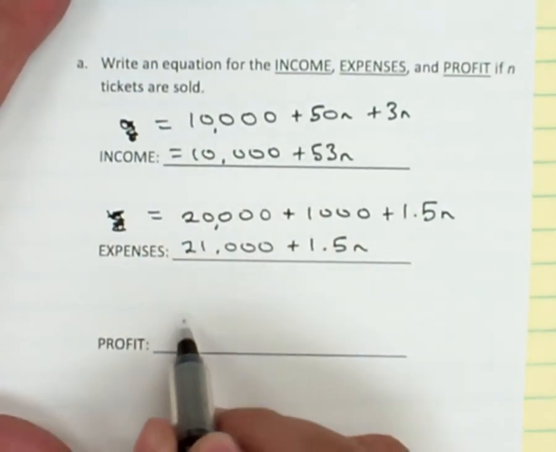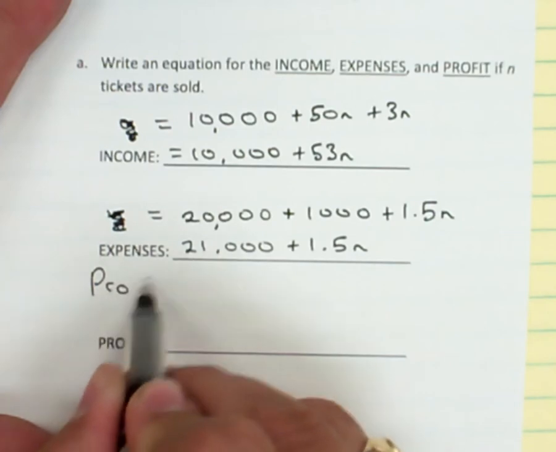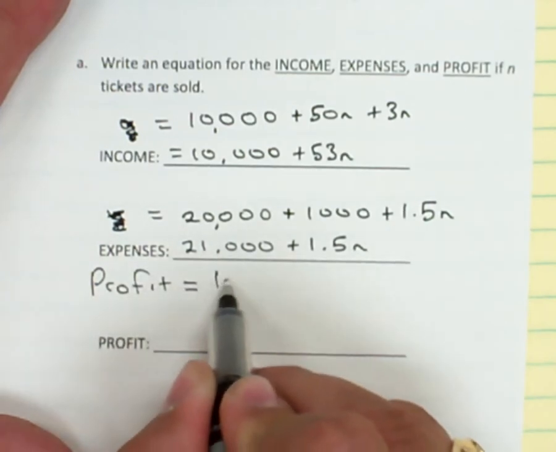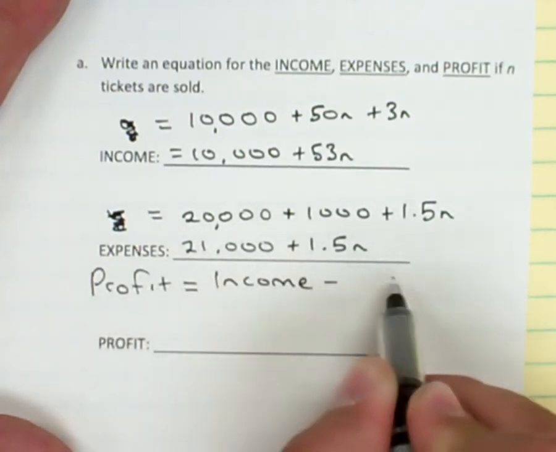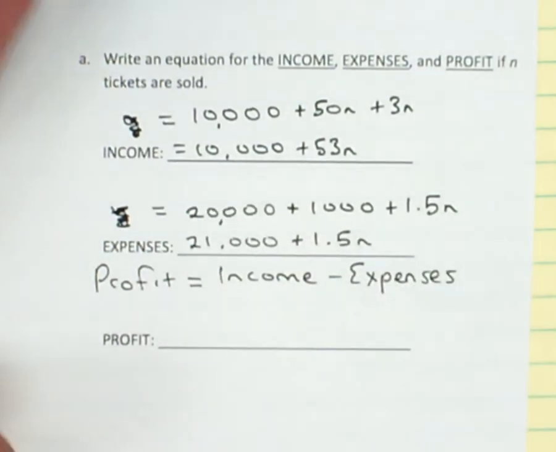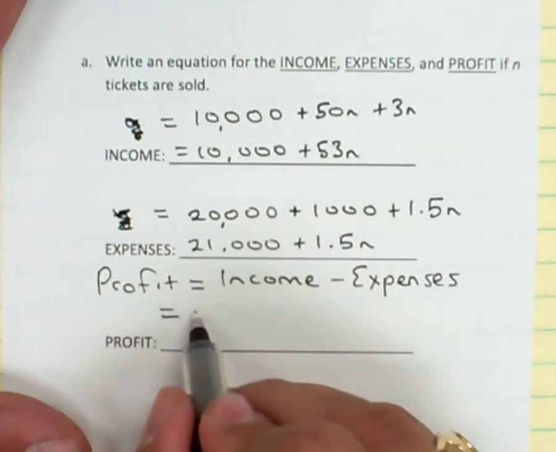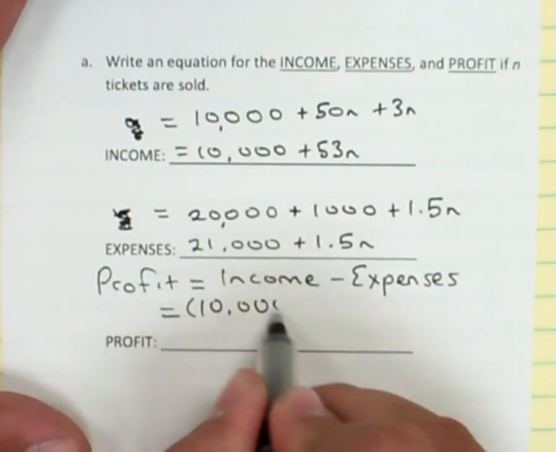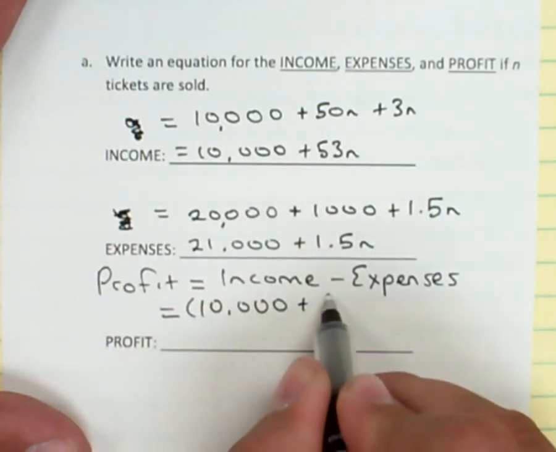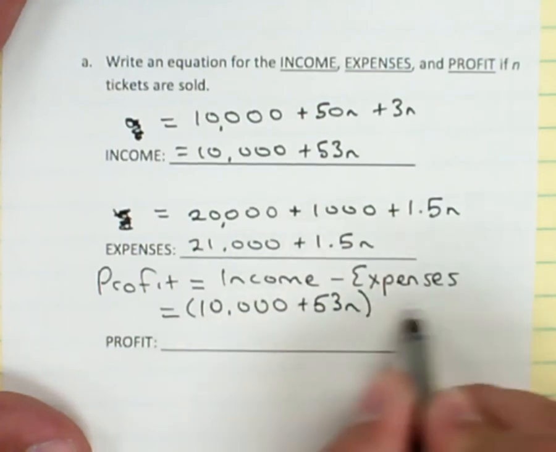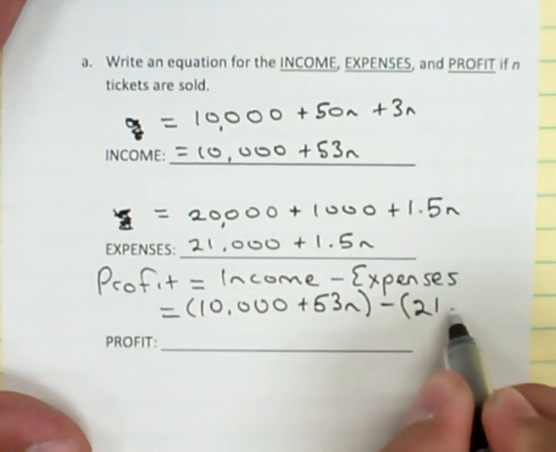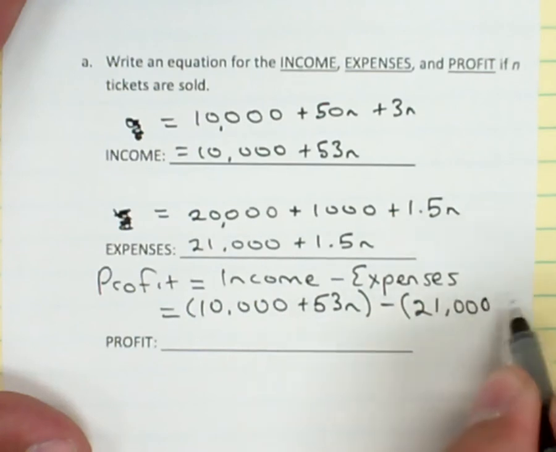So you have to remember, profit is income minus expenses, and so that leaves me with 10,000 plus 53n, and I subtract that 21,000 plus 1.5n.